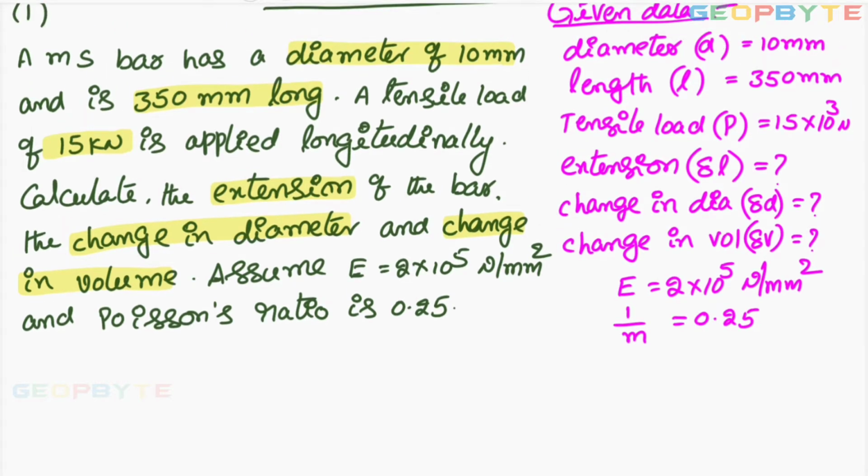Now for this data, first let us find the area of cross section, equal to pi by 4 into d square, equal to pi by 4 into 10 square. Simplifying this gives 25 times pi mm square.